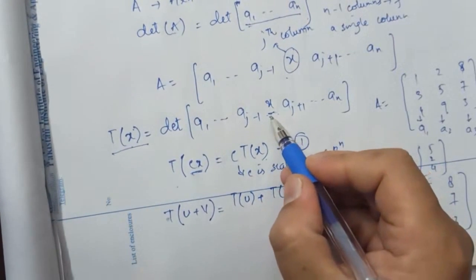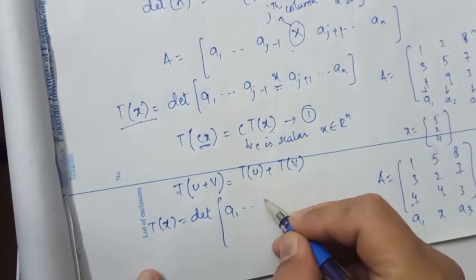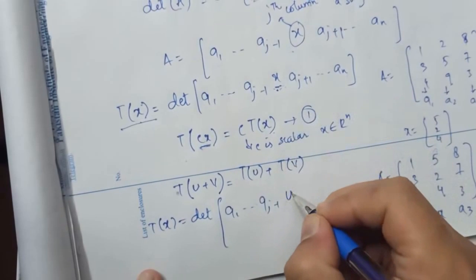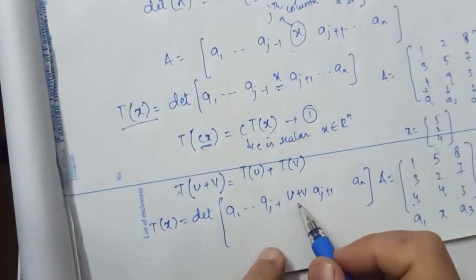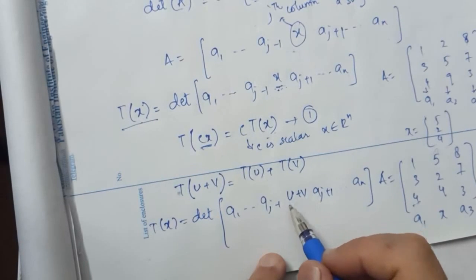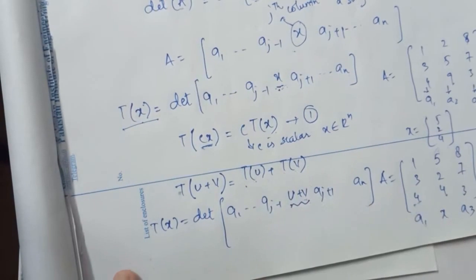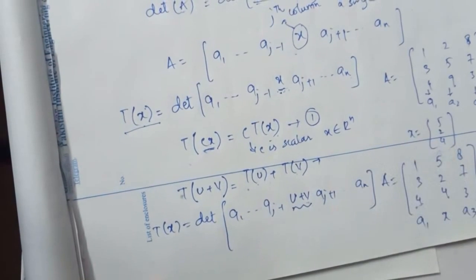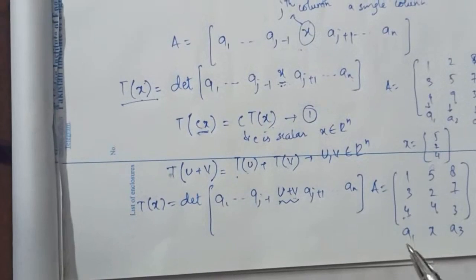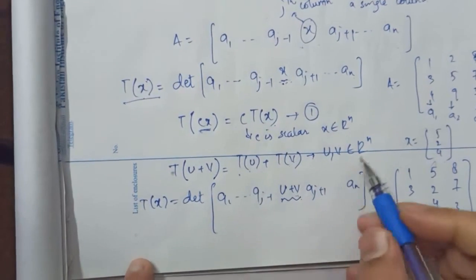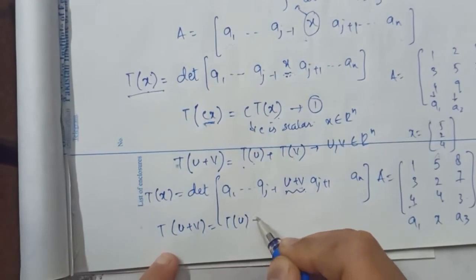Let's say x here is u plus v, followed by AJ plus 1 up to AN; I can write this as the transformation T of u plus T of v. Remember, u and v belong to Rn.